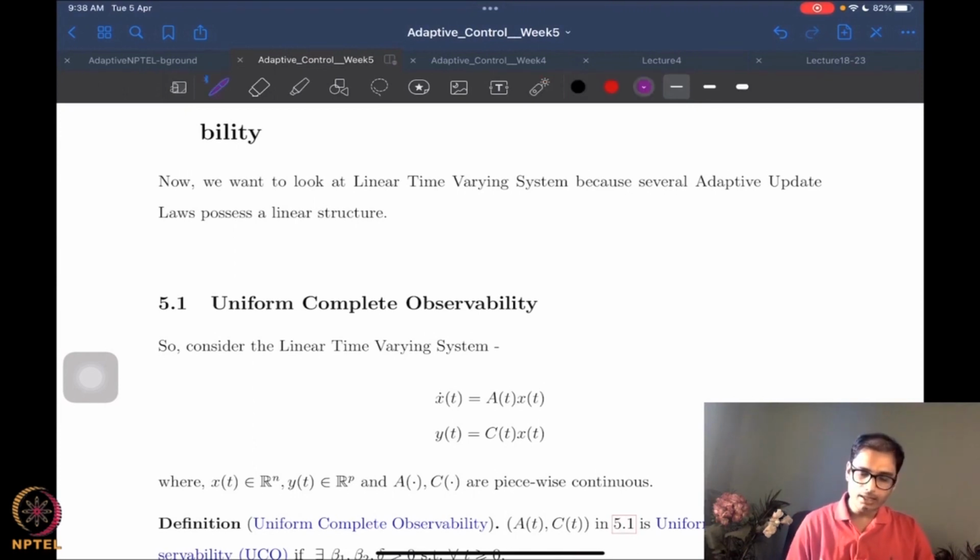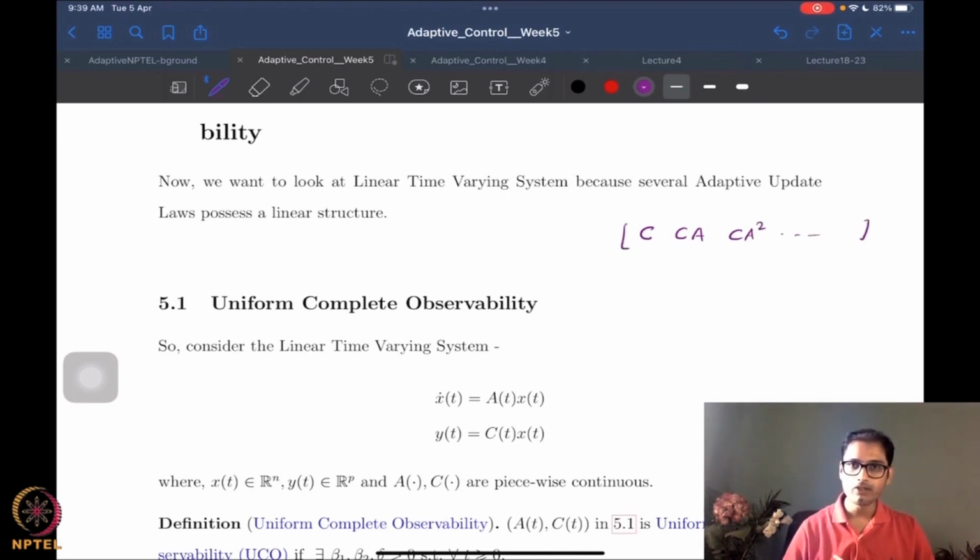You basically look at the observability matrix, which is something like C, CA, CA squared, and so on. Yeah, this is the observability matrix.